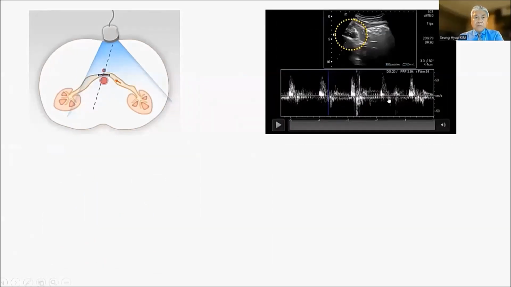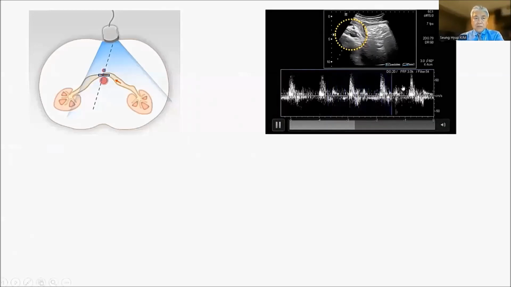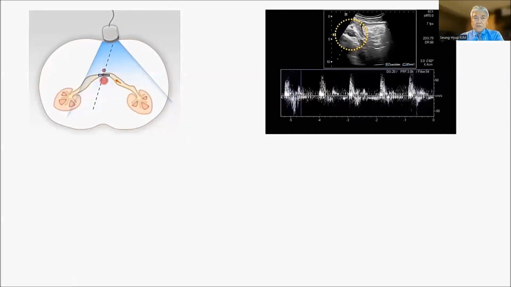To have a better Doppler angle, we rotate the transducer counterclockwise a little bit, and the aortomesenteric left renal vein within the sample volume is located in the left corner of the image. But still, we do not have clear Doppler spectra, and the reason is a sample volume of a few millimeters is too thin to cover the aortomesenteric left renal vein moving between the surrounding arteries and with respiration.